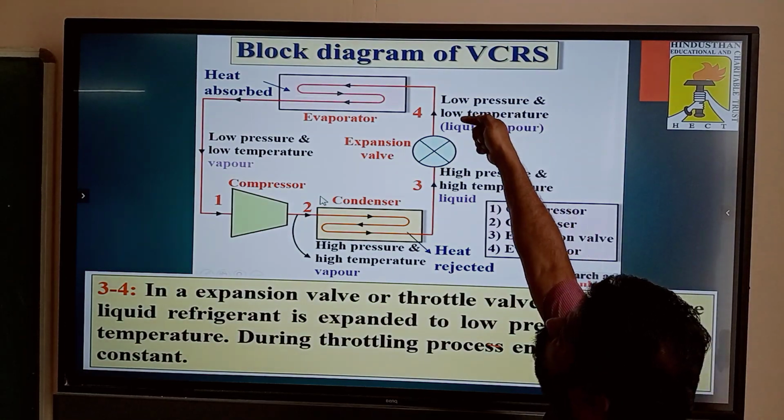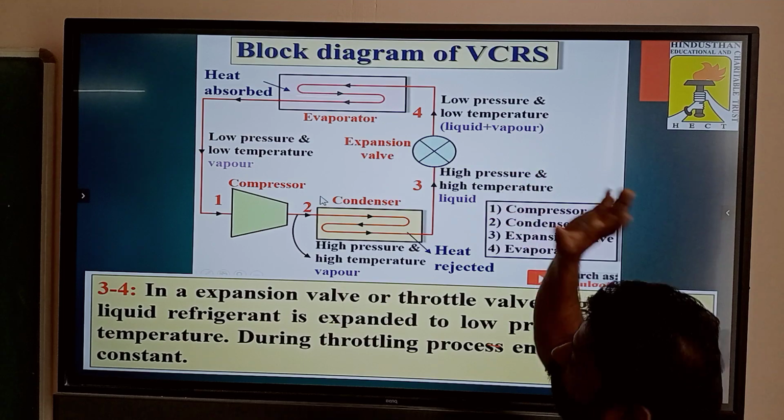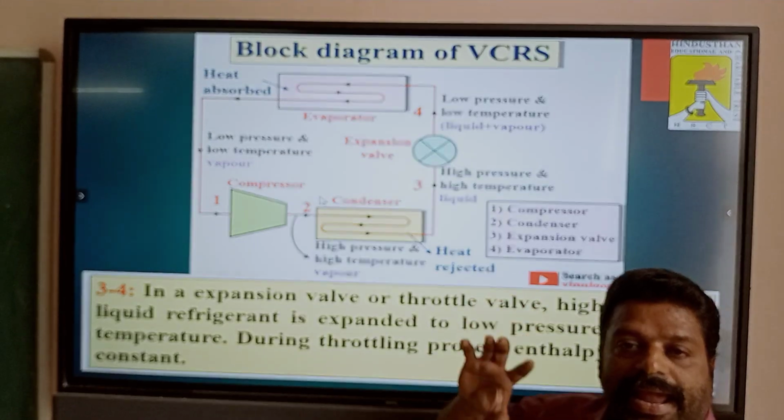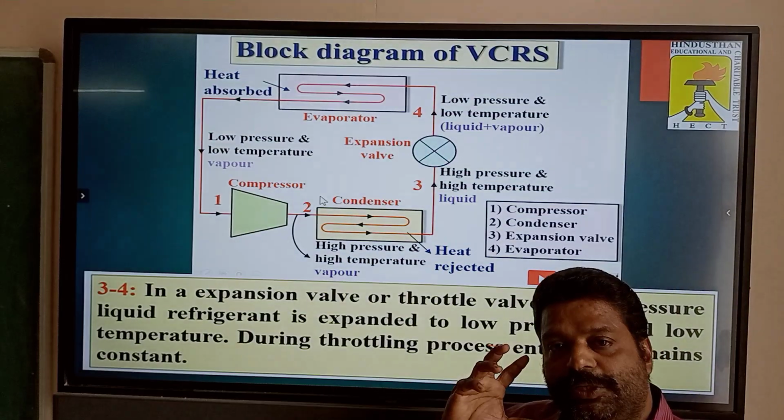Next, the third process, 3 to 4, is for the expansion valve. Here we use an expansion valve or throttling device, a capillary tube.